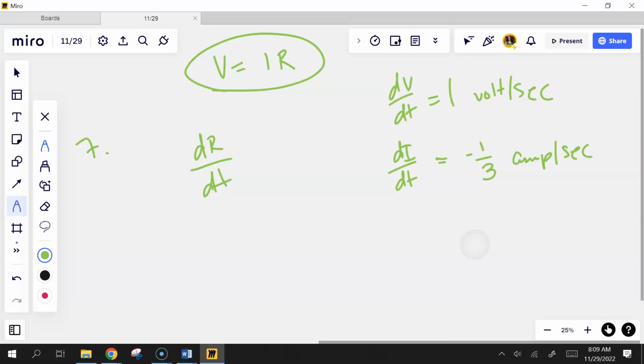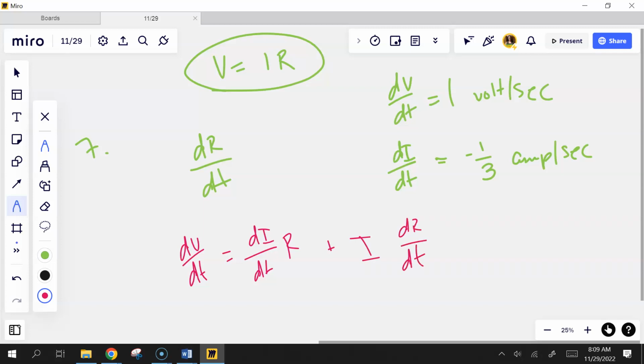It doesn't say at a specific time, does it? Okay. dV/dt equals derivative of the first times the second plus the first times derivative of the second. And let's plug in what we know.